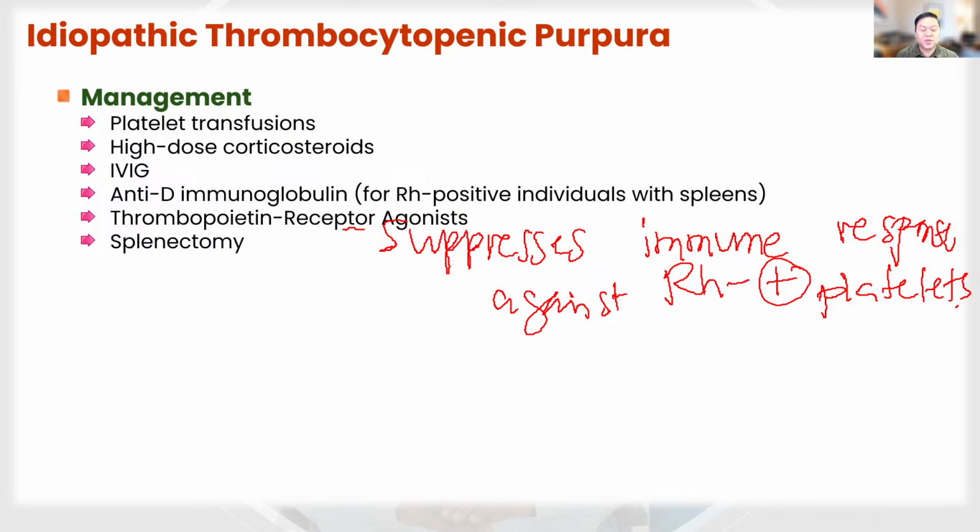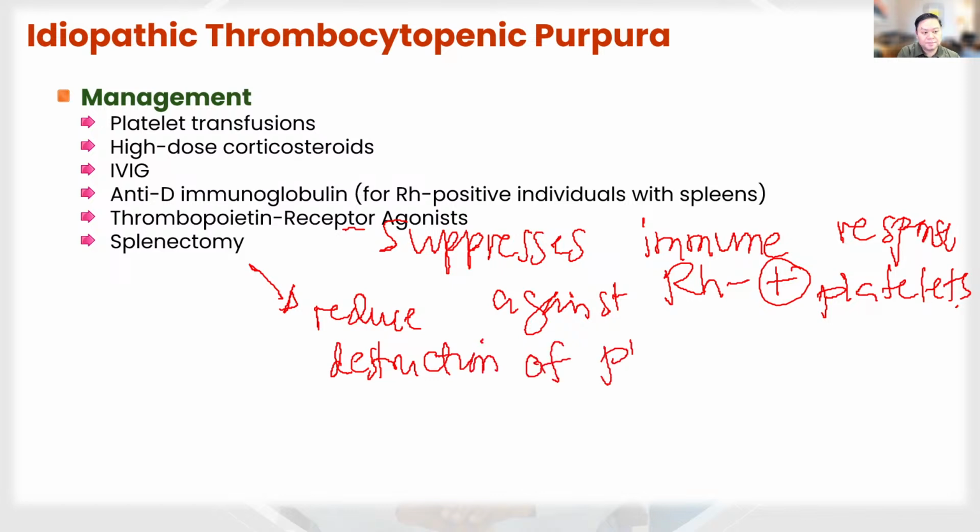And so the removal of the spleen, or the splenectomy itself, can reduce the destruction of platelets. So that's the reason why the splenectomy can help the patient in a case of ITP.